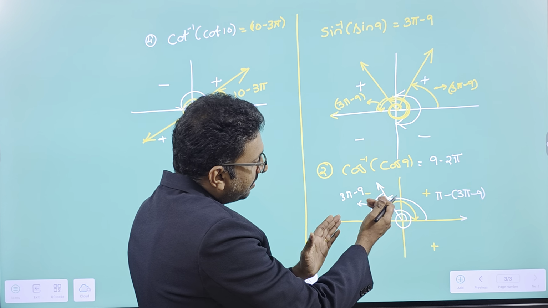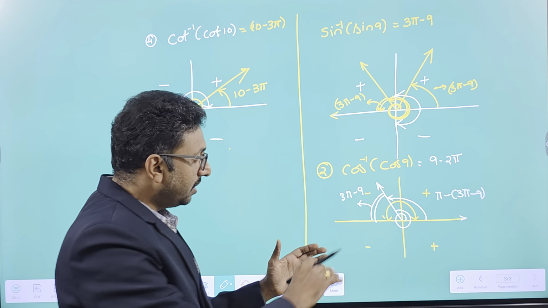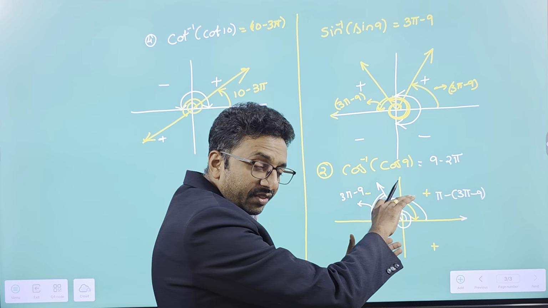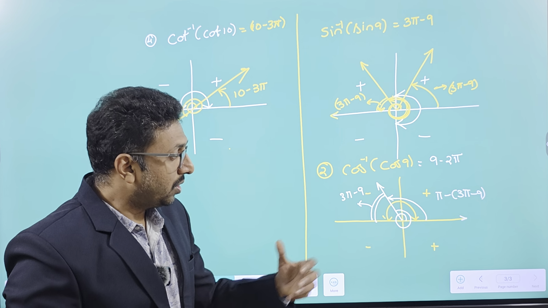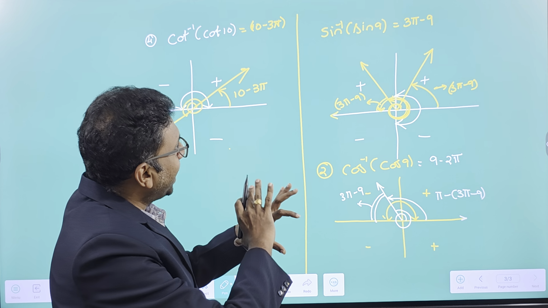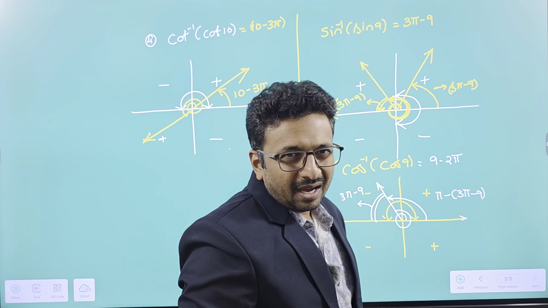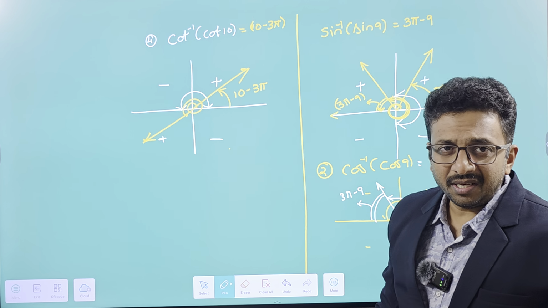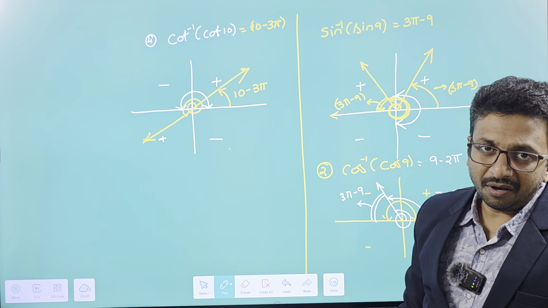So if it is in the counterclockwise direction, you have to report it as a positive angle. If the rotation is in the clockwise direction, you have to report the angle as a negative angle. So if you understand this very basic concept of quadrant diagrams, you should not have any problem getting the values of T inverse of T of x.